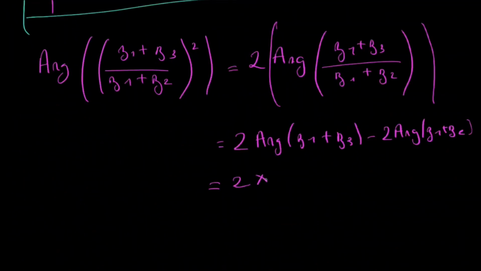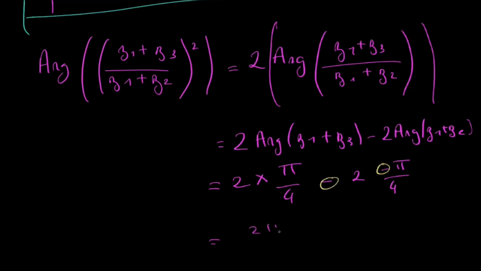So 1 times pi over 4 minus 2 times minus pi over 4. So here we have minus minus, which is equal to plus.